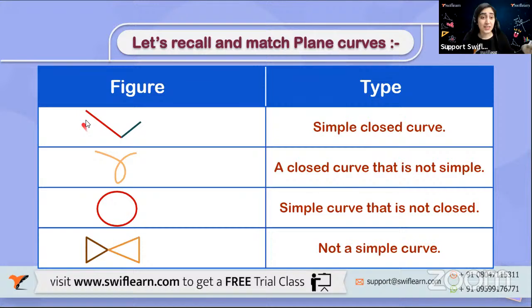Yes, this is simple curve figure. Can you see that? It is a curved. It is simply curved, but it is not closed. It is opened. So yes, we can say that this is the right option with this one. So it is a simple curved figure that is not closed. How about this one?